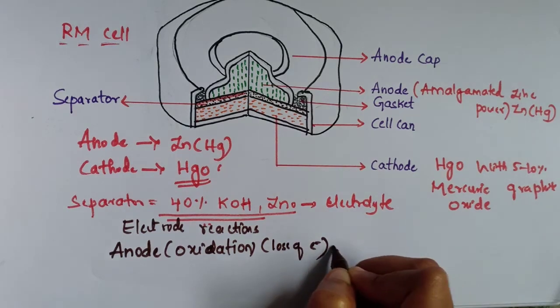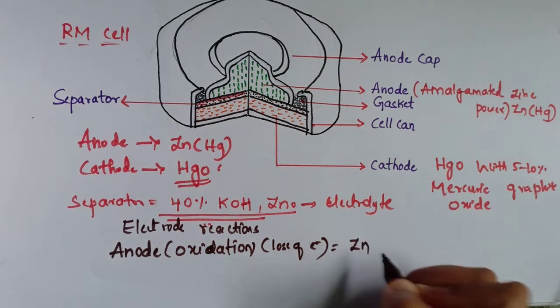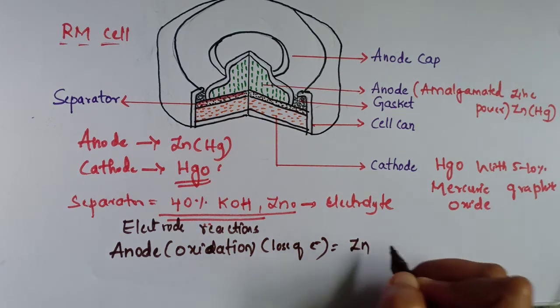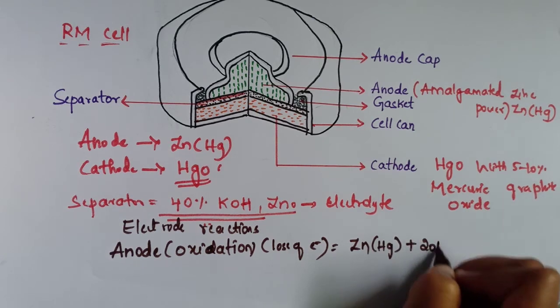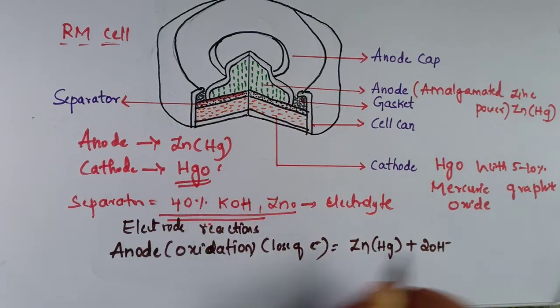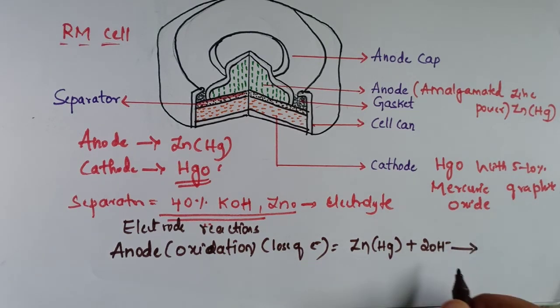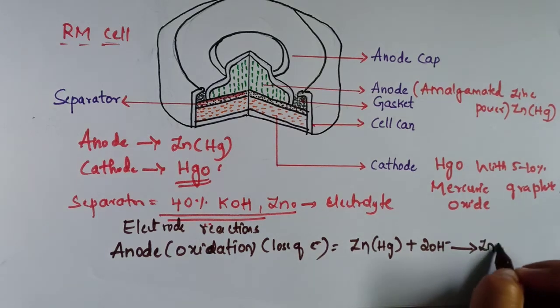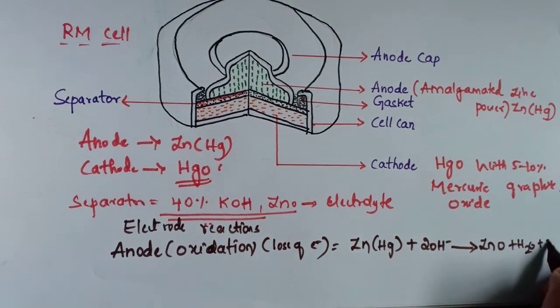Here at the anode, amalgamated zinc powder plus 2OH, that is from the electrolyte KOH, reacts. The amalgamated zinc powder and 2OH react, and we will get ZnO plus water plus 2 electrons lost.